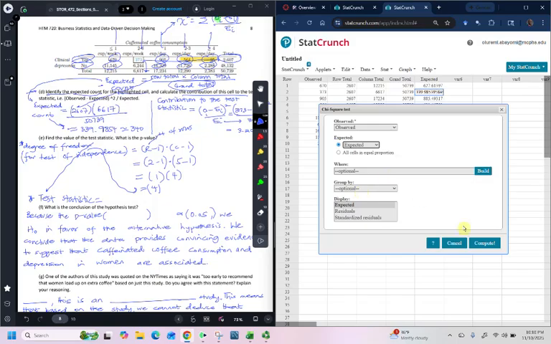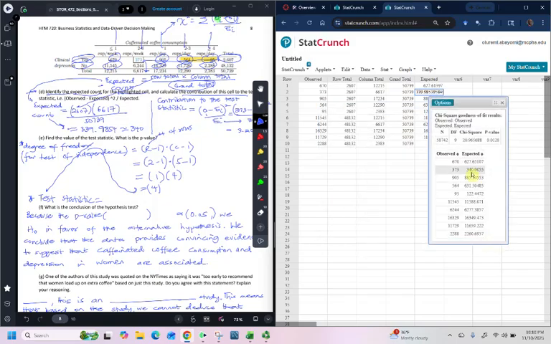And in this case, I'd like to compute. The only thing I need here, please be wary, is this value. This is my chi-squared test statistic, 20.965688.